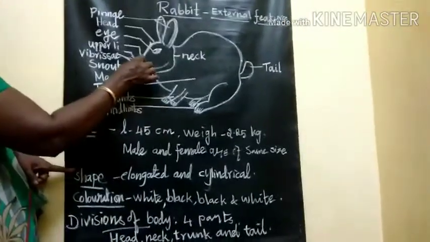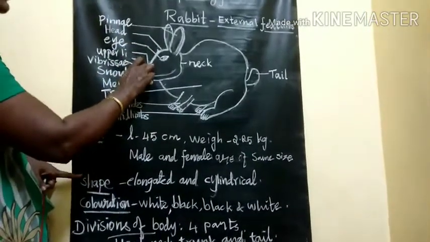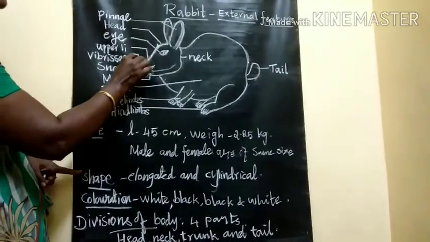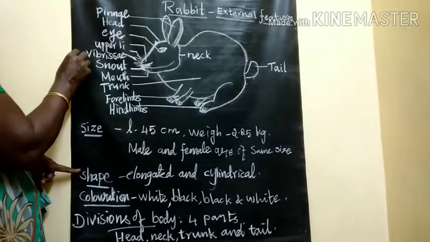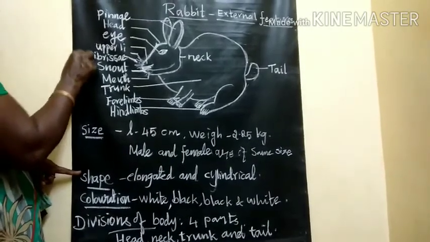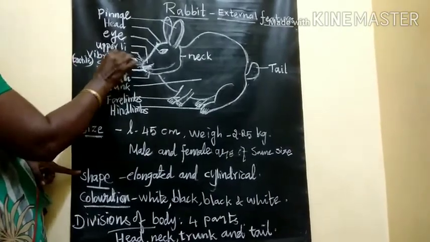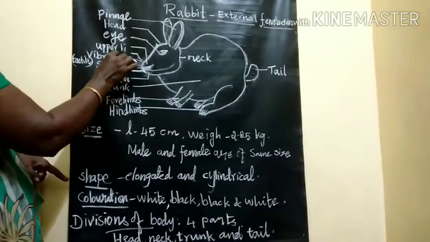And on both sides of upper lip, there are some tactile hairs. Tactile hair means sensory hairs. They are called vibrissae.